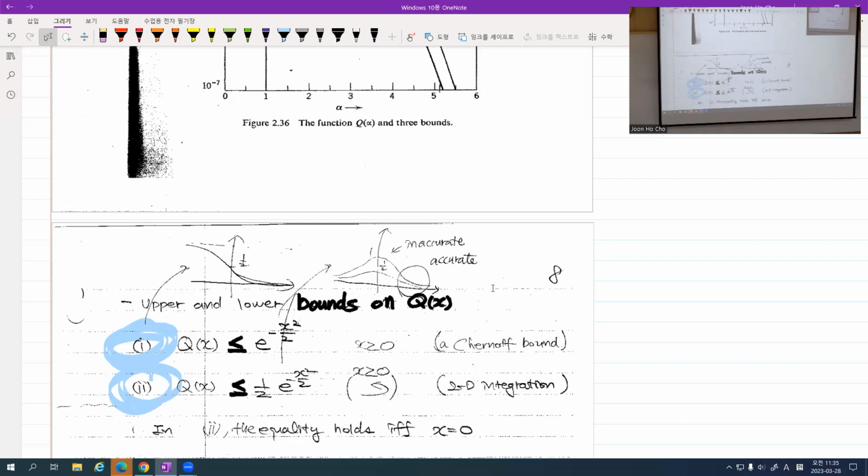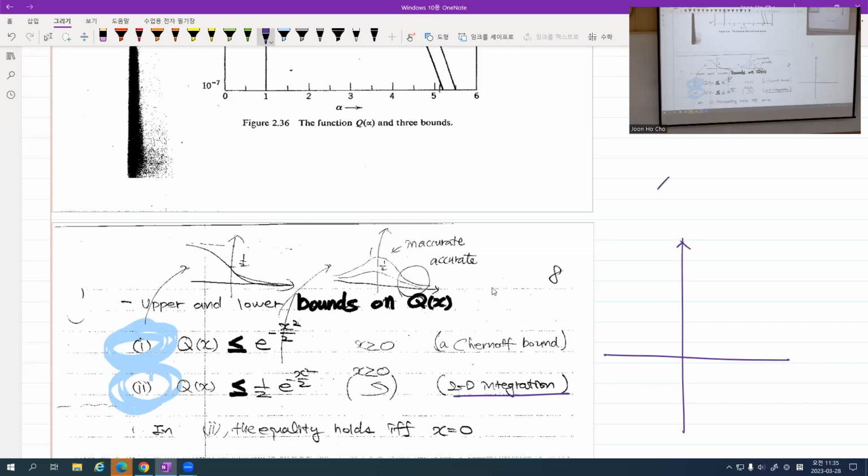Now, let's derive the slightly tighter upper bound on Q of x. By the way, how can you find this? Anybody? There are many ways, but the simplest one is this one. As this hint provides, what you do is this.